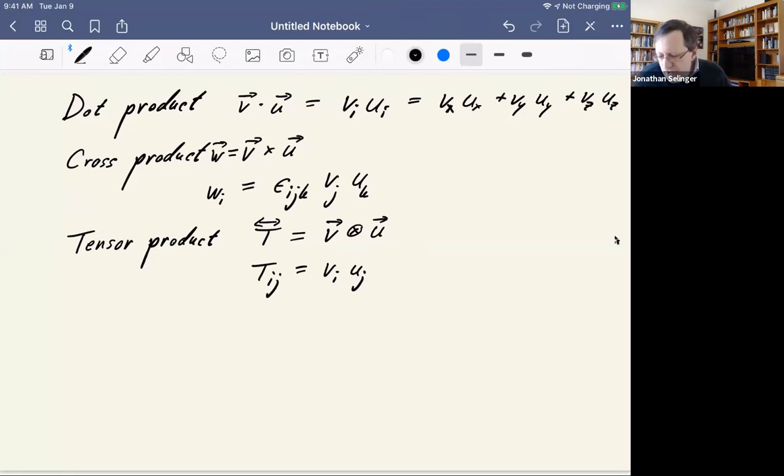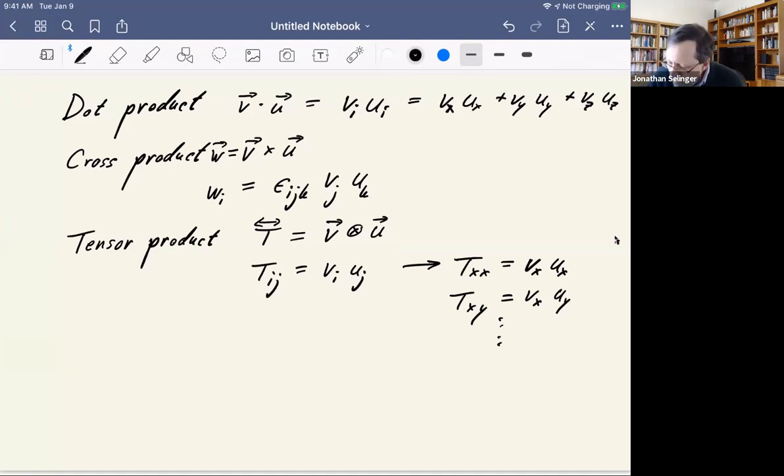So this equation is true for i equals x and y and z, and j equals x and y and z. So this equation is 9 equations in one. Okay? So this equation means that Txx is Vx Ux, and Txy is Vx Uy, etc. Right? There are 9 such equations.